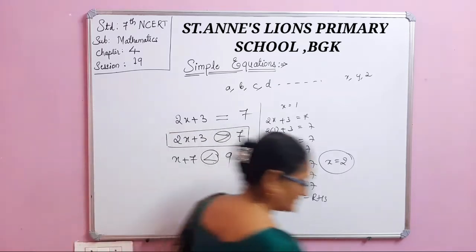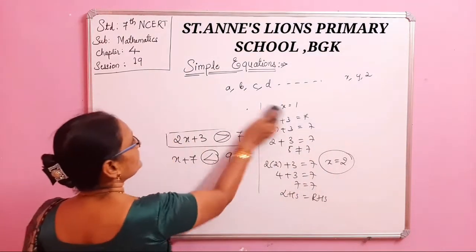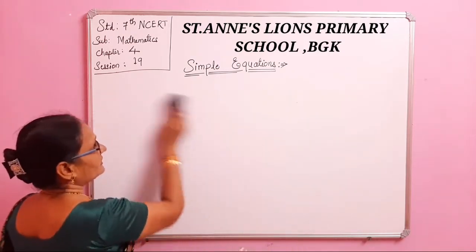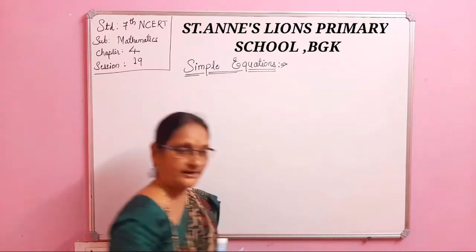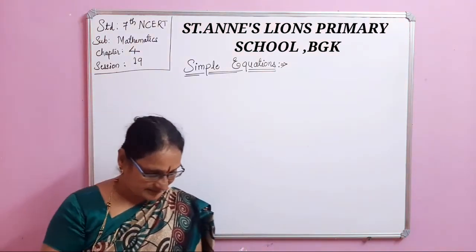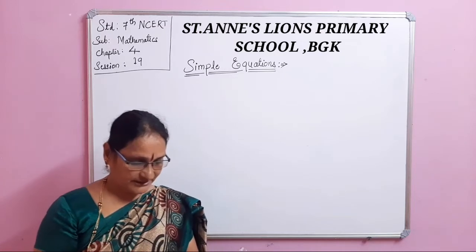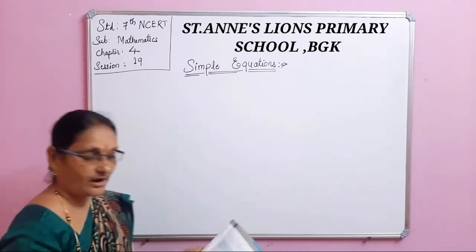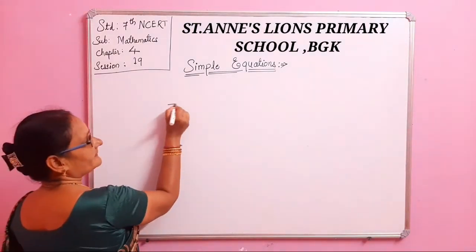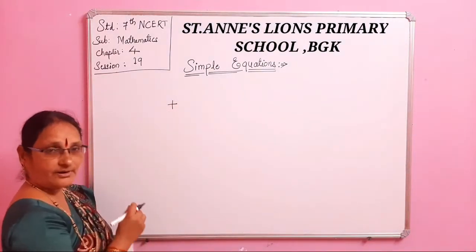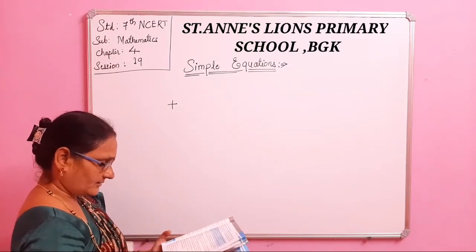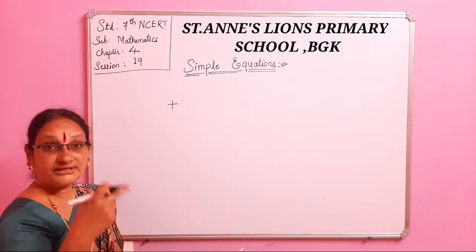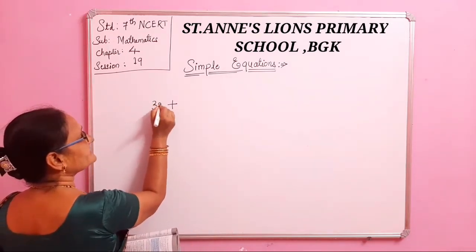Now, I will tell you some statements, and you can write the equation. First we learn to write the equation for given statements. Say, the sum of 3 times x and 11 is 32. The sum means addition. The sum of 3 times x, and 3 times x means 3x.